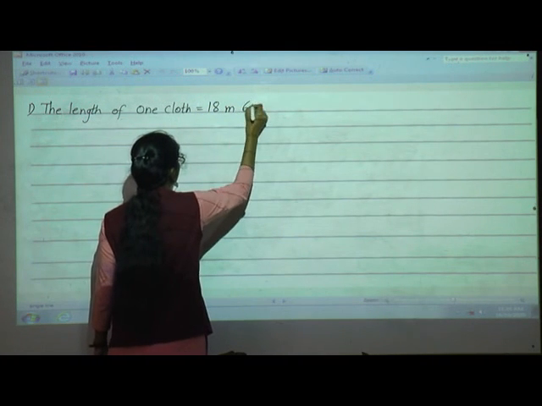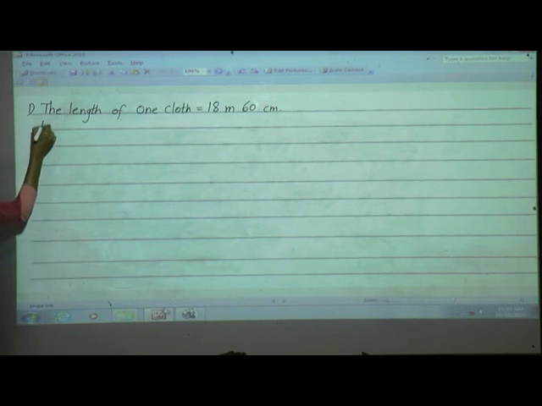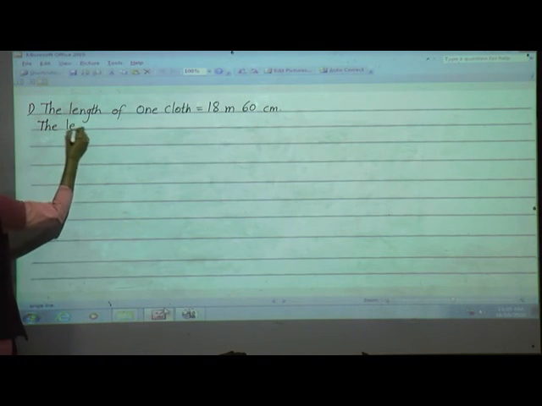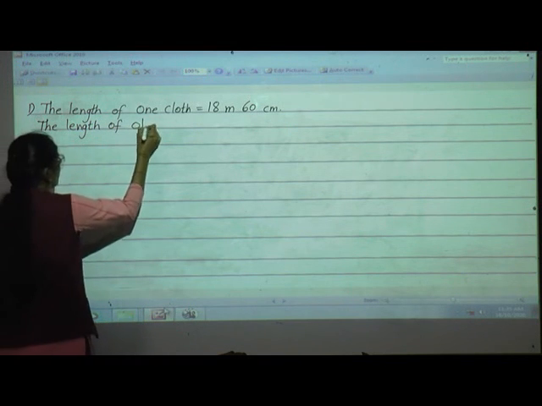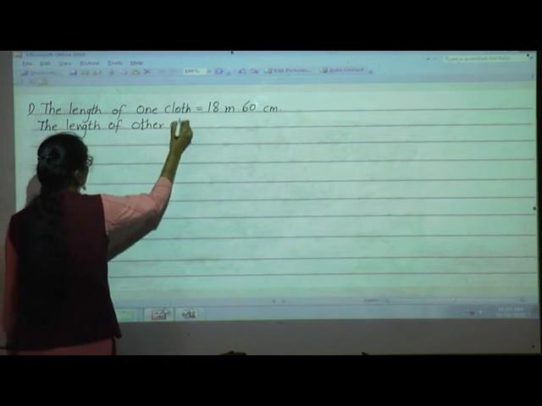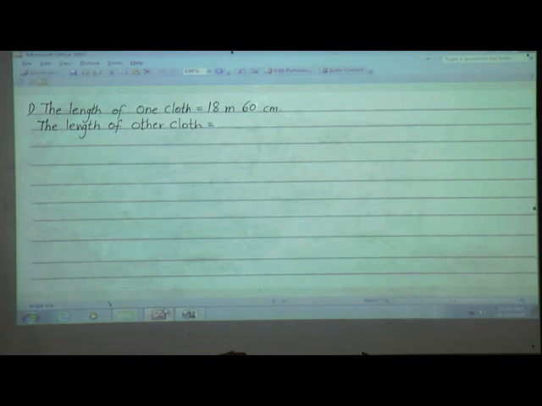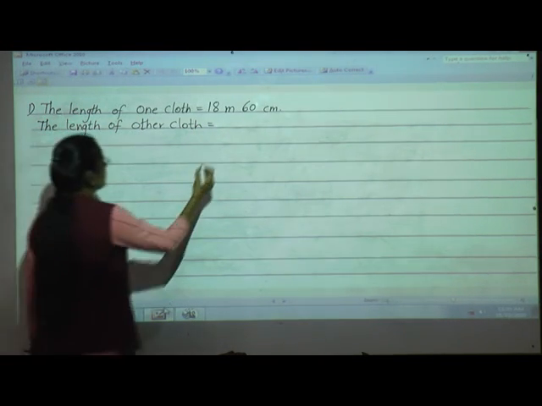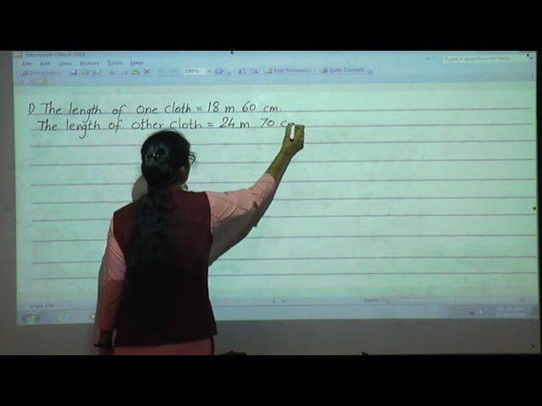And the length of the other cloth is, what is the length of the other cloth? 24 meter 70 centimeter.